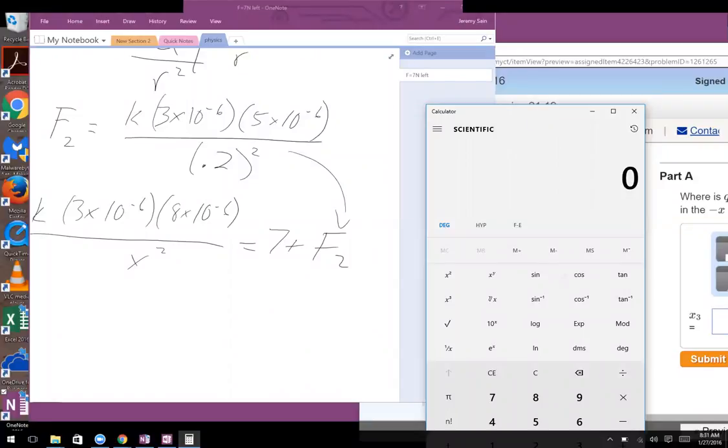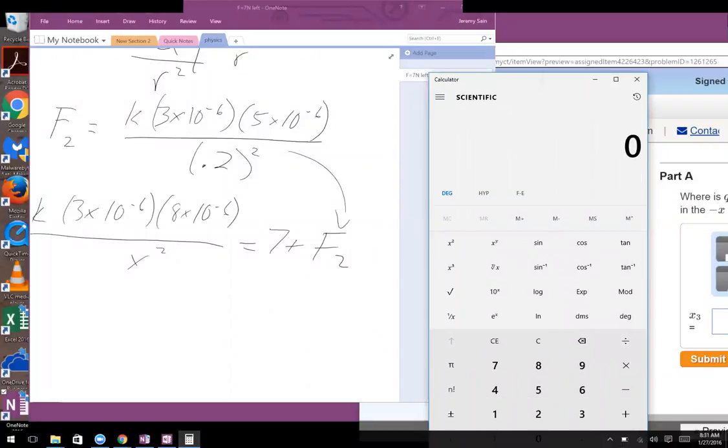So I've got, what is K equal to again? It's 9 point something. It's really like 8.99 times 10 to the 9. So 9 times 10 to the 9. So 9 times 10 to the 9 times 3 times 5 times 10 to the negative 12.